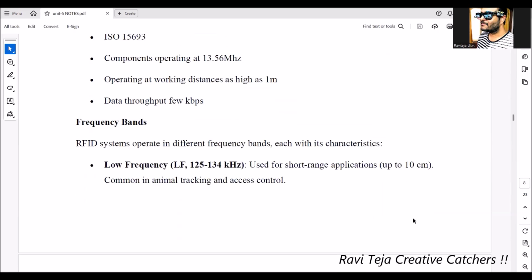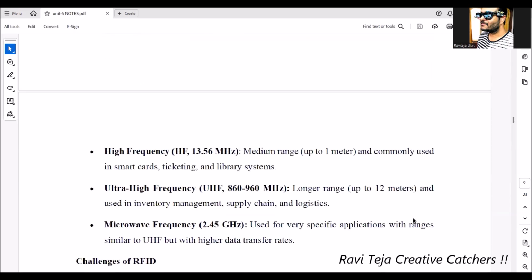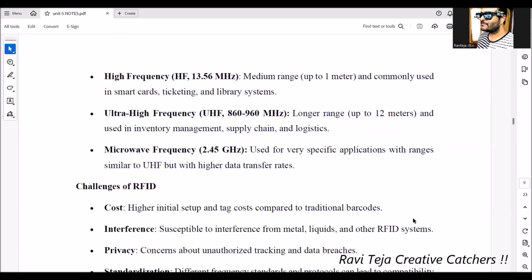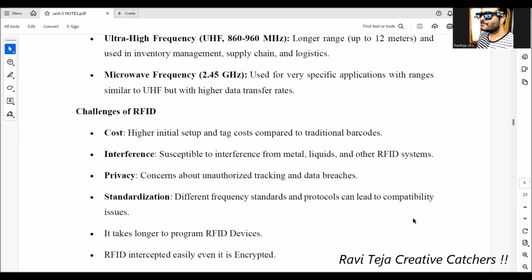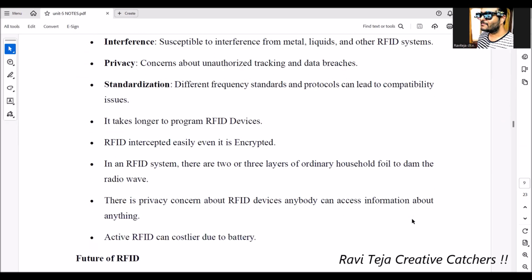Okay. Coming to the frequency bands, we have low frequency, high frequency, ultra high frequency, and microwave frequency, which we have all seen. Coming to the challenges of RFID: cost, interference, privacy, standardization. Okay, all this comes under the challenges of RFID.